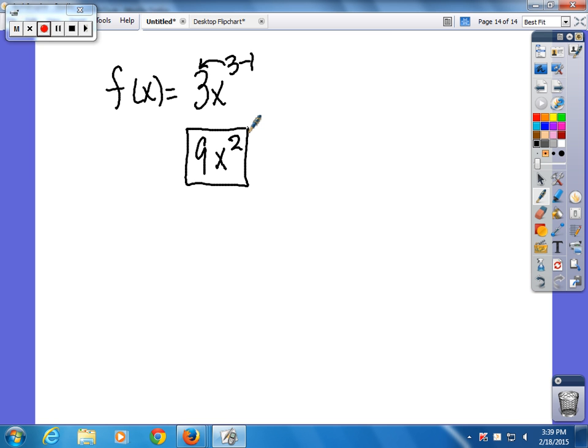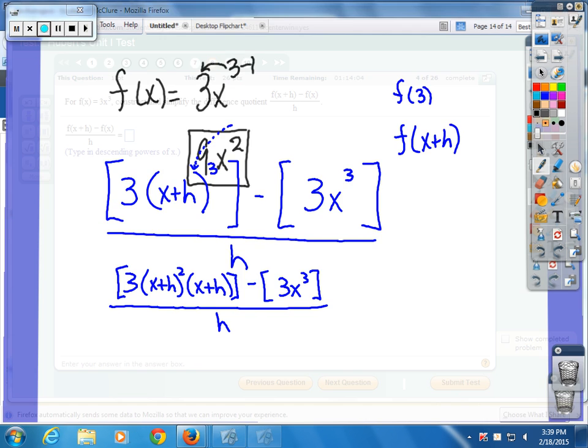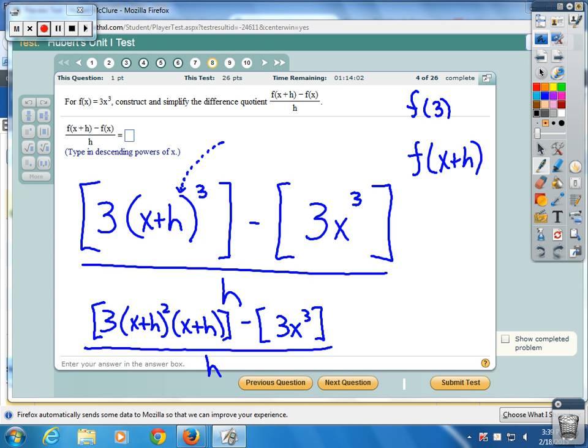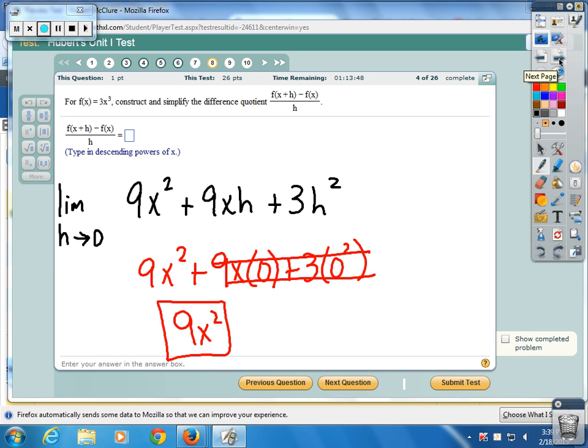So you can either do the difference quotient, which is how many steps? 1, 2, 3, 4, 5, 6, 7, 8, 9. And then you got to do the limit, which I just did right there. 10, 11, 12, whatever. Or you can learn the calculus and just do it the short way.